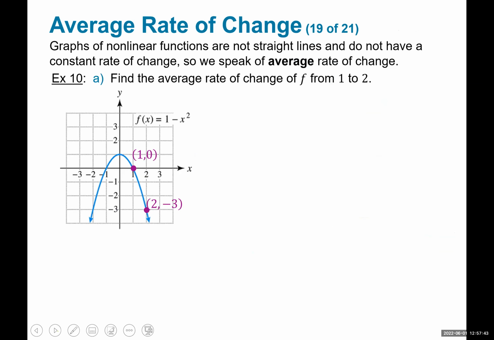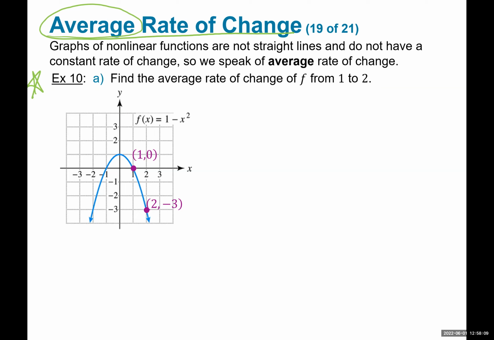All right, let's do another rate of change problem, but this time we're looking at average rate of change. This is very important, okay? Remember I told y'all nonlinear functions don't have slopes. So we can't find the slope of a line when it's not even a line. We have to find the average rate of change.